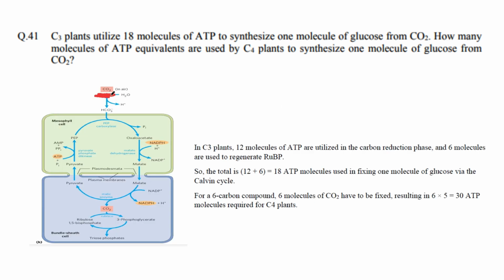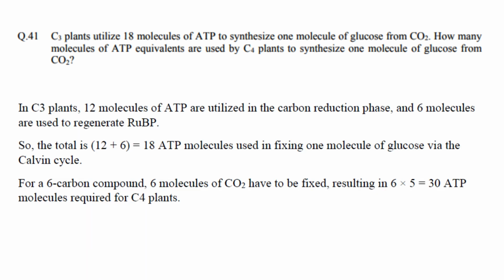However, in C4 plants, an additional 2 ATP molecules are required to concentrate CO2 in the bundle sheath cells. Again, 3 molecules of ATP are needed, just like in C3 plants, for the Calvin cycle alone. So, a total of 5 ATP molecules are required per molecule of CO2 fixed.